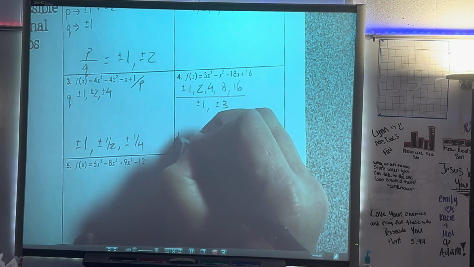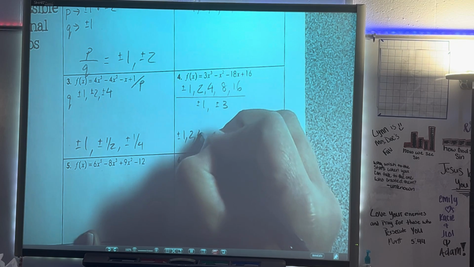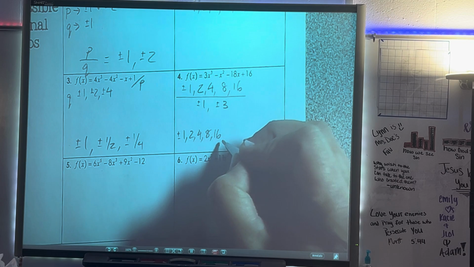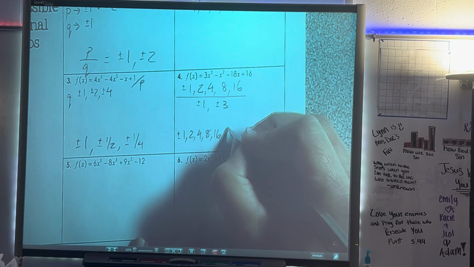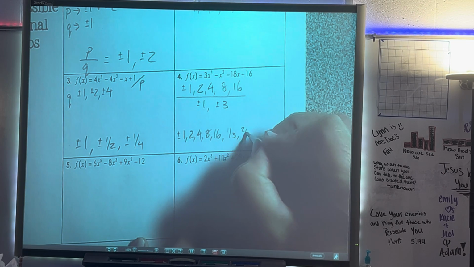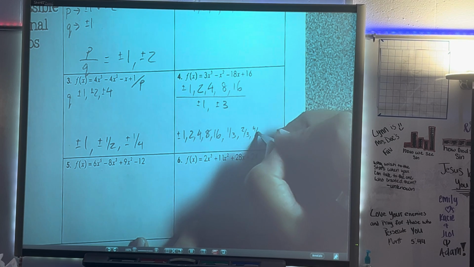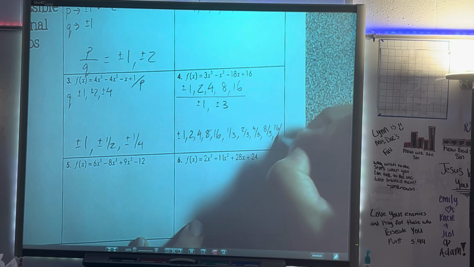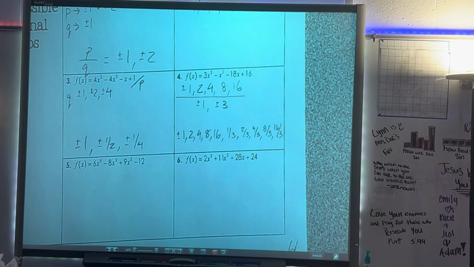So I'm going to have plus or minus 1, 2, 4, 8, 16, but then I've got to put them all over 3. So I would also have thirds: 1/3, 2/3, 4/3, 8/3, and 16/3. Those would be all the possibilities that could be factors of that.